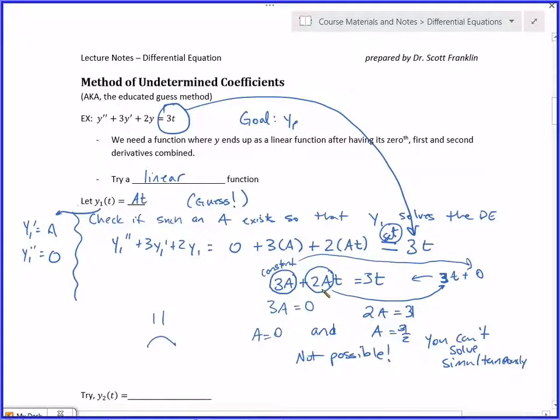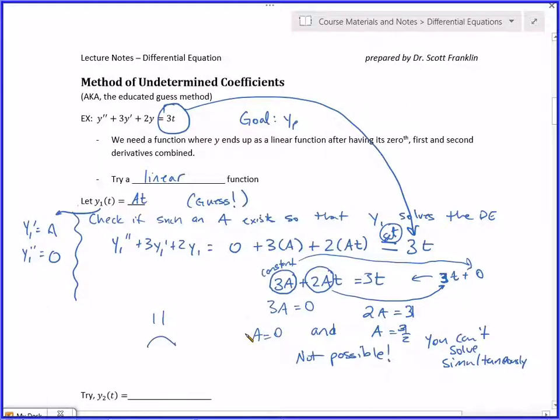So let me restate what I said. You can't find an a that makes both of these solve at the same time. But here's kind of the revelation. How many equations did I end up with whenever I eventually set these equal to each other? 2, right? So what if my educated guess had 2 parameters in it instead of just 1?